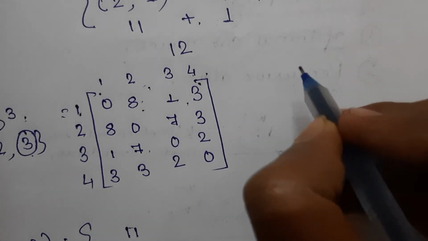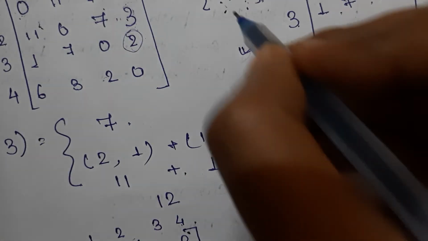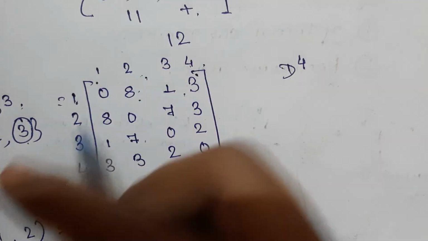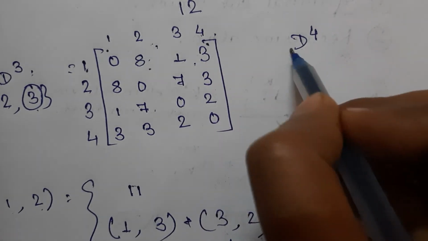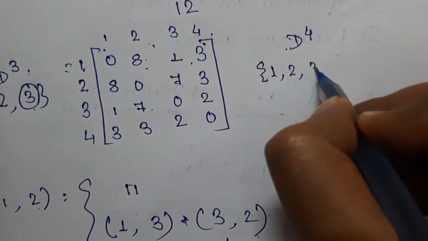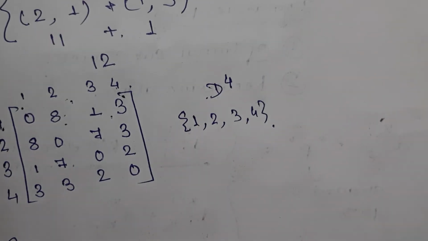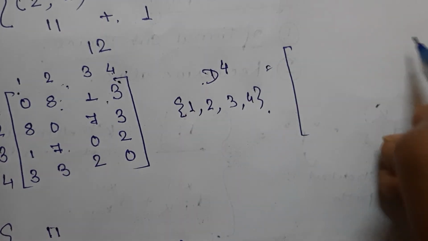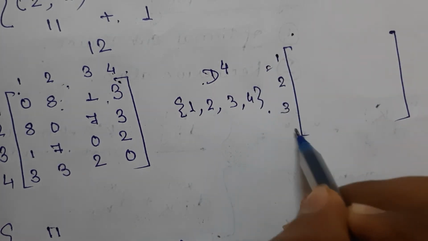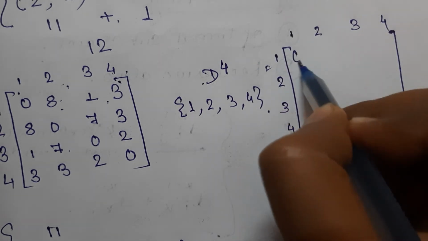Okay. Now comes D4. Here I will not take this as the reference. Here I will take D3 as the reference. In D4, what is the kth element now? It's 4, the fourth vertex. Now 1 to 1 is 0.